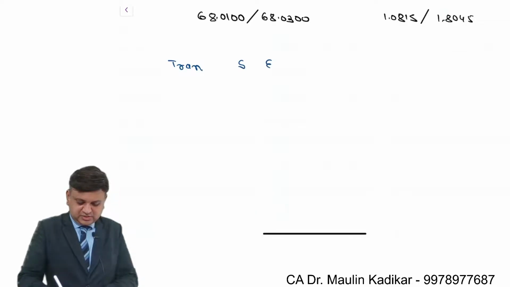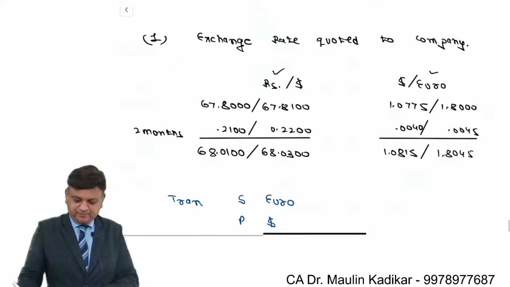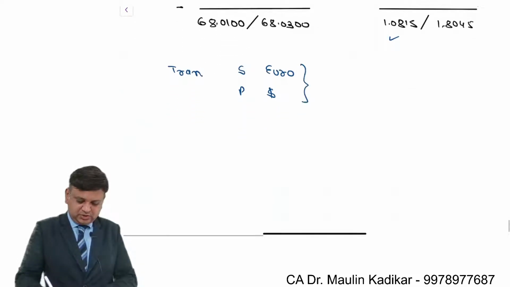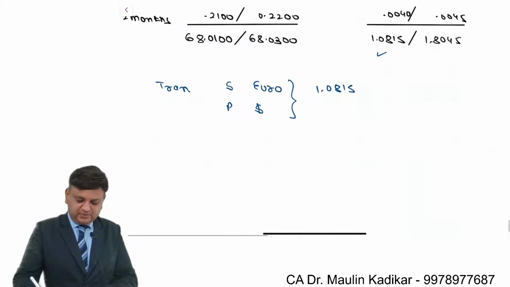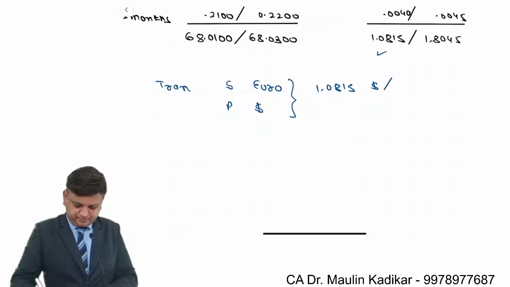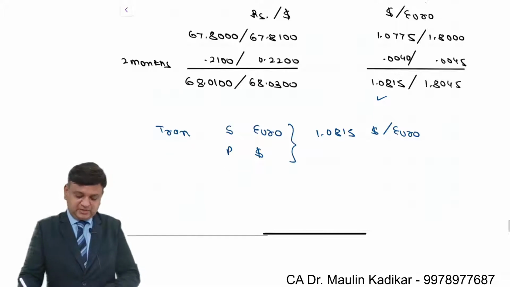The transaction is sell of euro and purchase of dollar. So you'll get less amount of the dollar. So it is 1.0815 dollar per euro. And the other is sell dollar, purchase rupees.